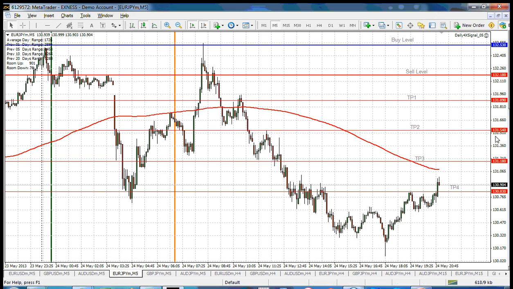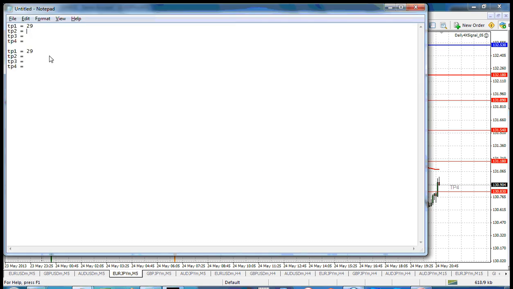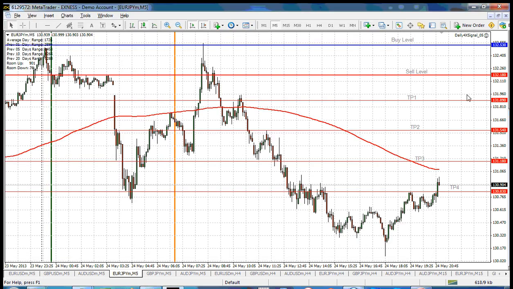The second one was 131.89 minus 131.54, that comes to 35. So write 35 over there. What about the other one?